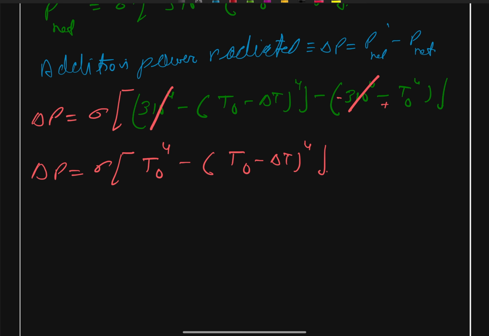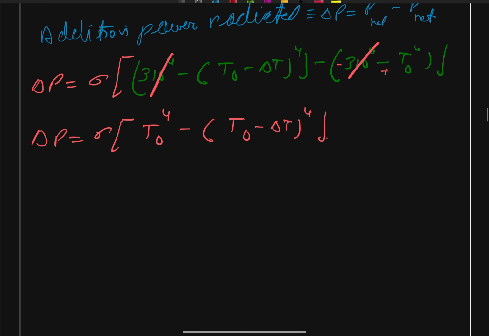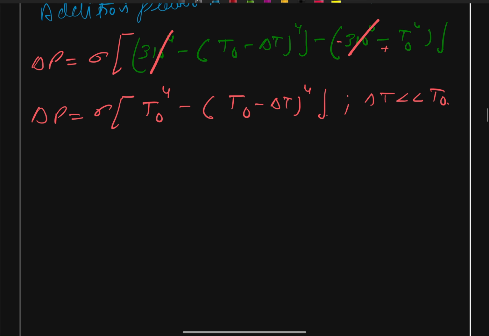Now we can use the binomial expansion, under the condition given to us that delta T is very much less than T naught. Therefore we can take T naught as common. Let me solve it separately. This will be (T naught minus delta T) whole raised to power 4.